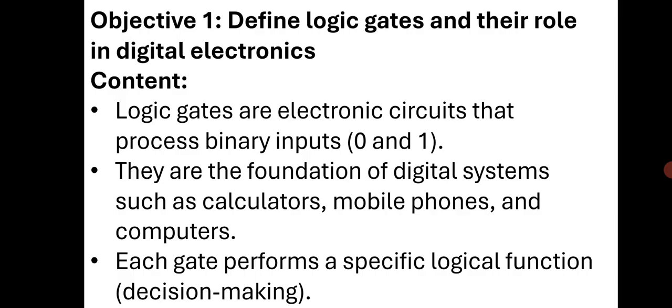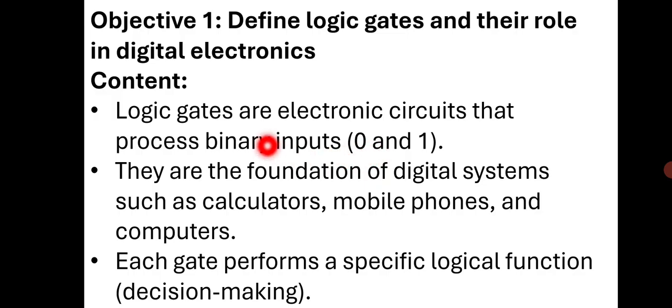All right, so let's define logic gates. So what are logic gates? In a 1-mark question, define the term logic gate. We define logic gates as electronic circuits that process binary inputs.